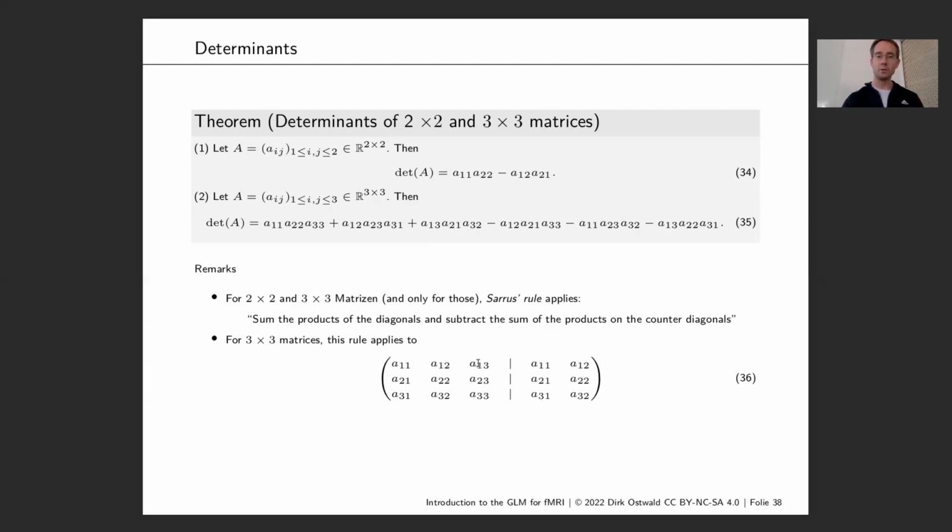And then you do that once more with A13, A21, and A32. And these you all count positive for your determinant. And then you subtract from them what you get on the counter diagonals: A12, A21, A33, A11, A23, A32, and A13, A22, A31.